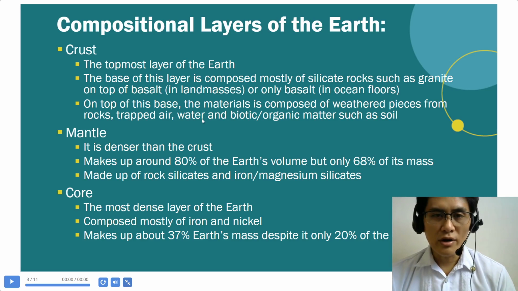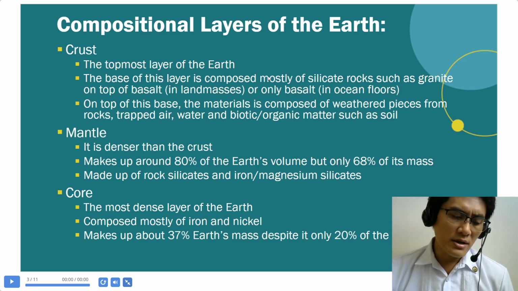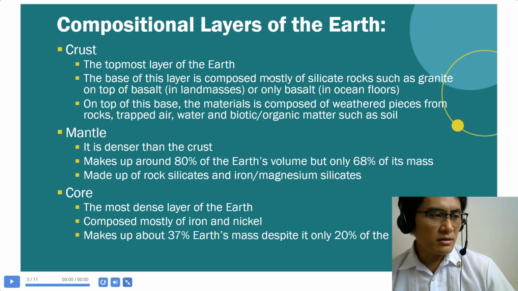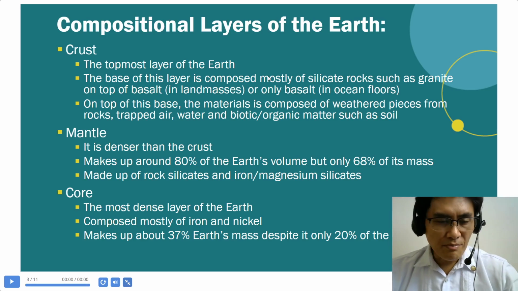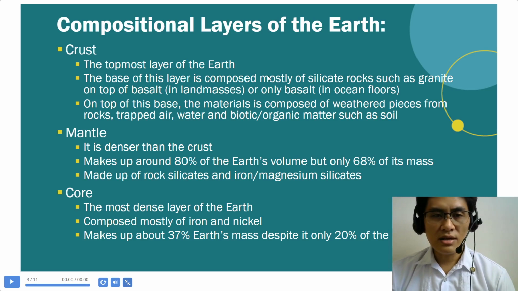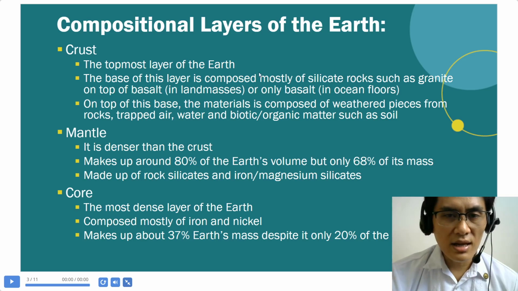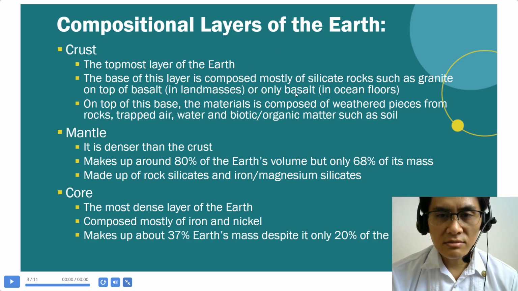That is what we call soil. I'm trying to emphasize this because when we look at the land, the piece of solid material that we are standing in, we usually say soil. But the soil part of the crust is very, very thin. Below that, you still have basalt and granite, or granite and basalt rocks.